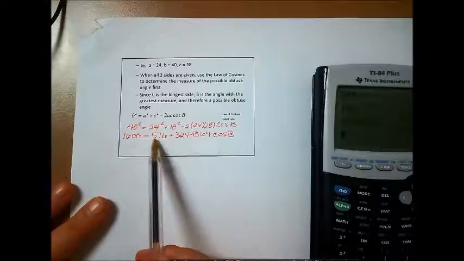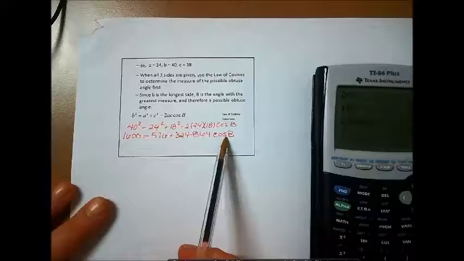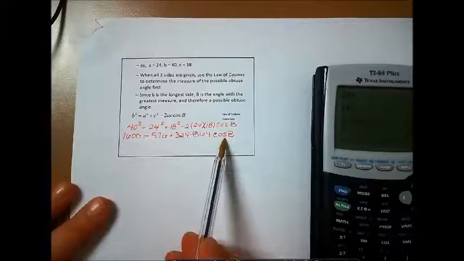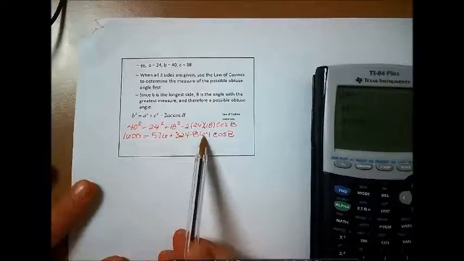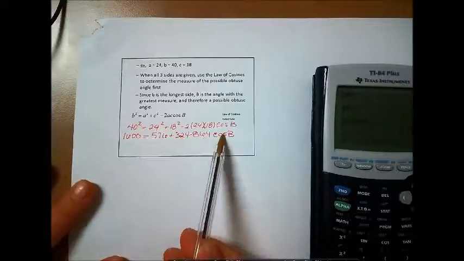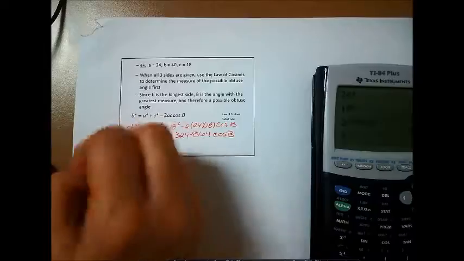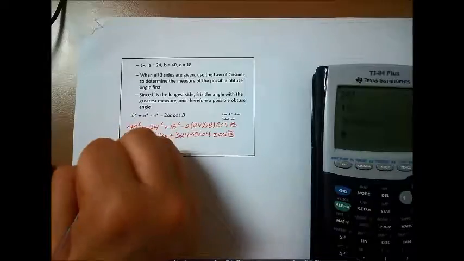It's similar to if you said 864x. It wouldn't be a like term with 576 and 324. So that has to stick with the cosine until we divide it. But you can add 576 and 324, which is 900.